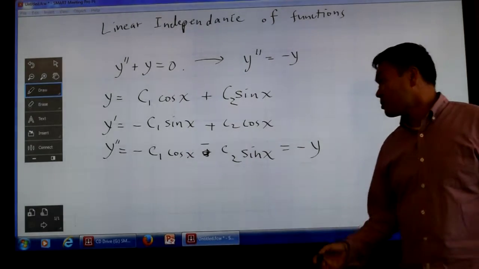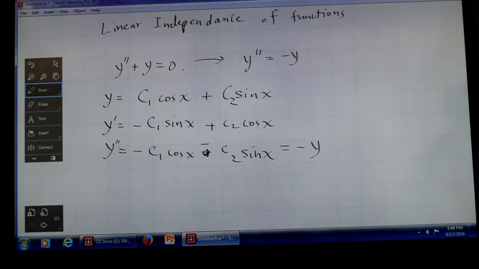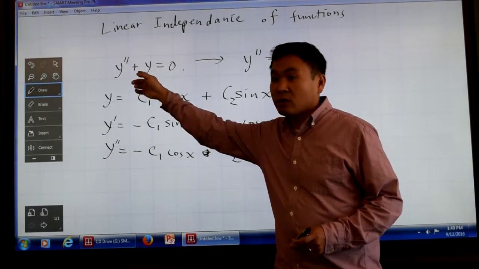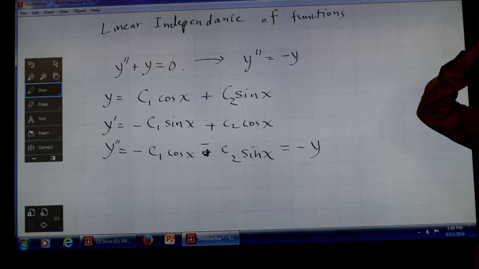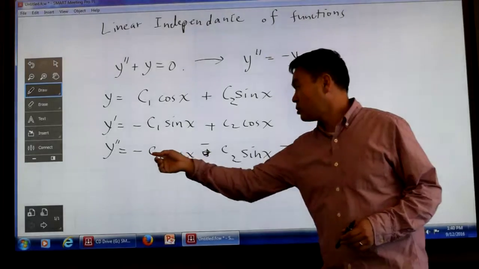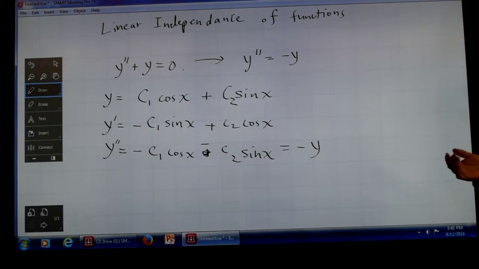Now this is very good because the theory of second order linear differential equations says that if you have solutions that have two free variables, then you found them all. So that's basically the statement of the uniqueness and existence of differential equations.